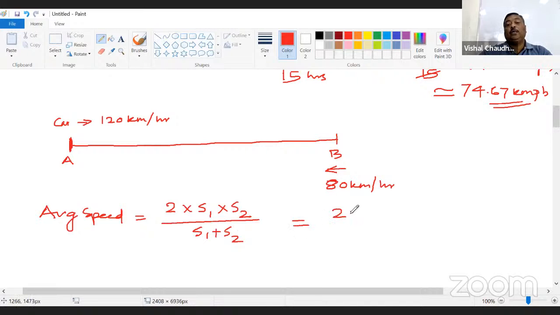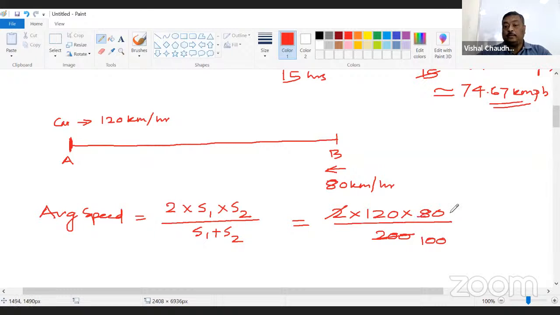That is 2 into 120 into 80 divided by 120 plus 80, and that is 200. 2 says 100.